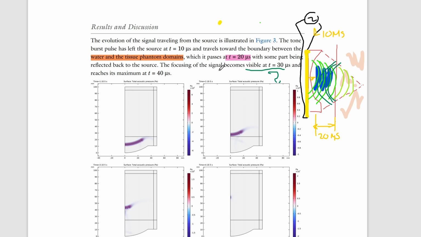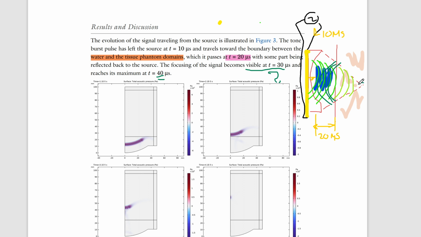Okay, so when it says becomes visible, probably minimum pressure that we can see. As we see here, the pressure's tailing off, minimum pressure. And then reaches a maximum at 40 microseconds. I'm not going to assume anything of that. I'm just going to assume that is our maximum.